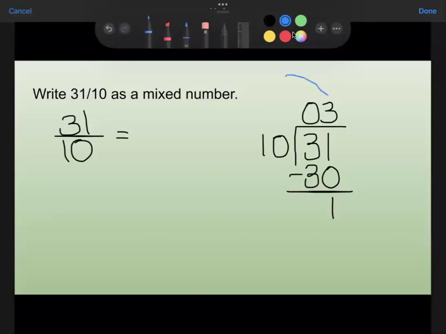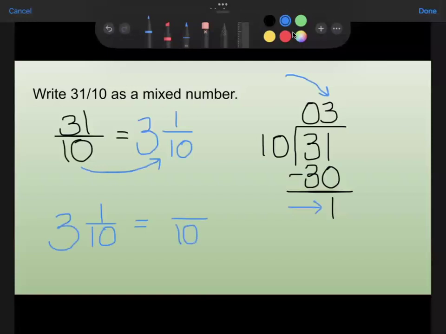So this top number that I got as my answer is the whole number. The remainder I got becomes the numerator of the fraction, and I keep the denominator of the fraction the same, 3 1/10. If I was going the opposite way and taking 3 1/10 and making it an improper fraction, I'd be keeping the denominator of 10 the same, but I would be multiplying 3 times 10, which is 30.